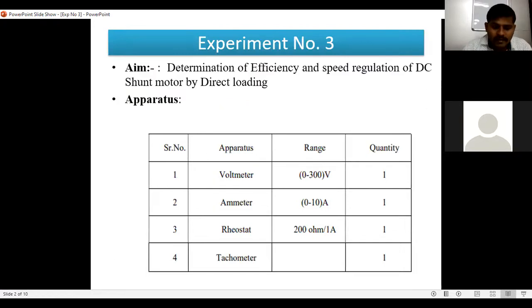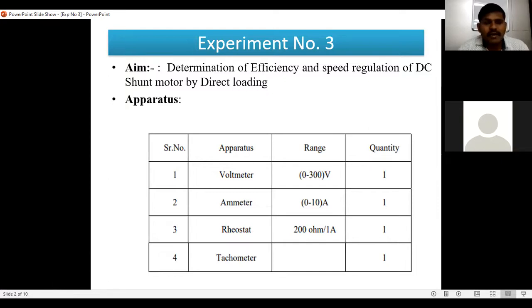Now the aim of this experiment is the determination of efficiency and speed regulation of DC shunt motor by using direct loading. Apparatus required: we require one voltmeter to measure the supply voltage, having a range 0 to 300 volt.